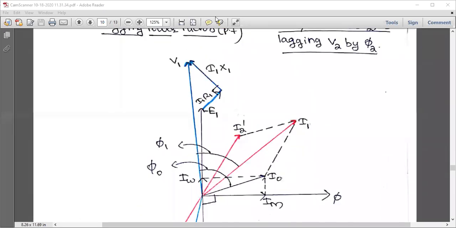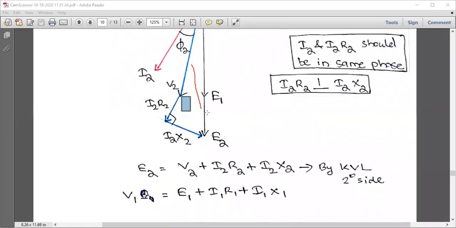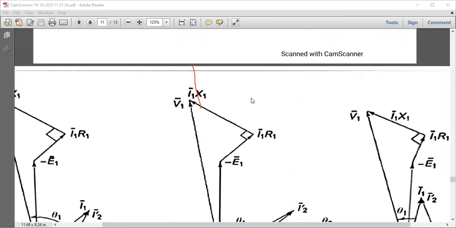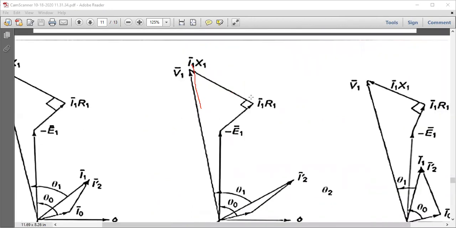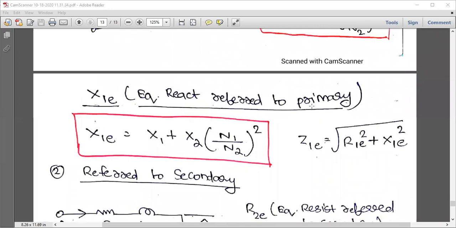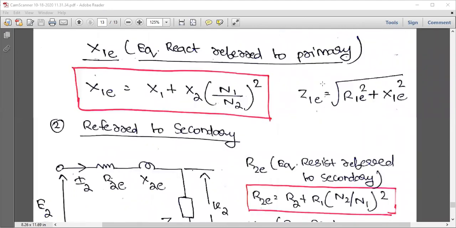I'm not that used to this type of drawing, but still. So that will be I1 Z1 and this will be I1 Z2. So the equivalent impedance Z1, or Z01, is equal to root of R1E square plus X1E square.